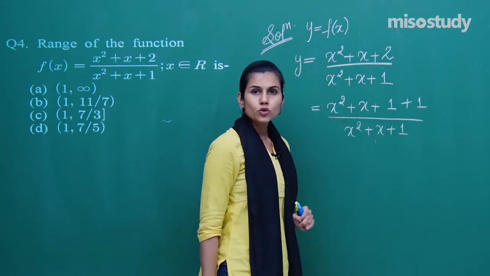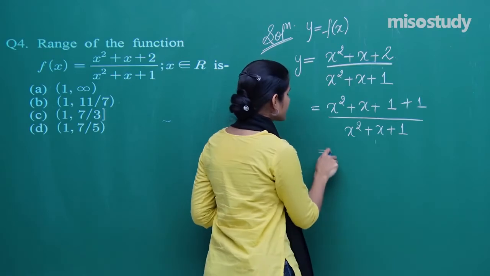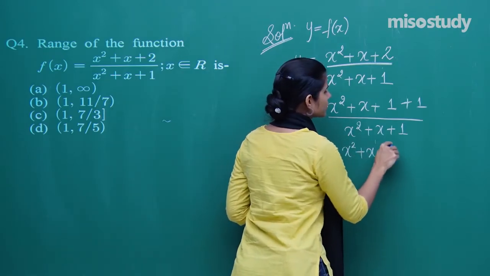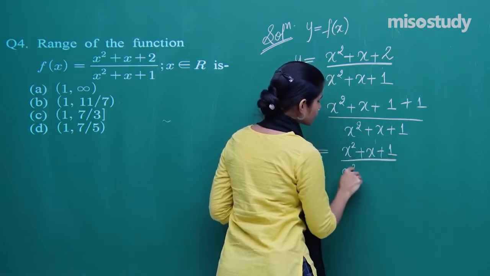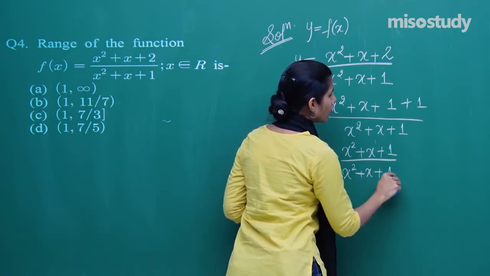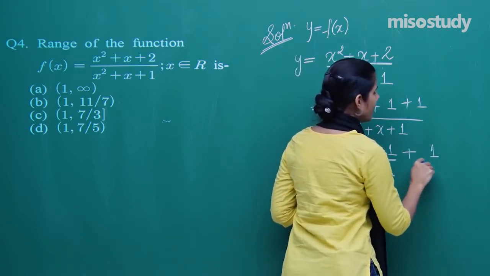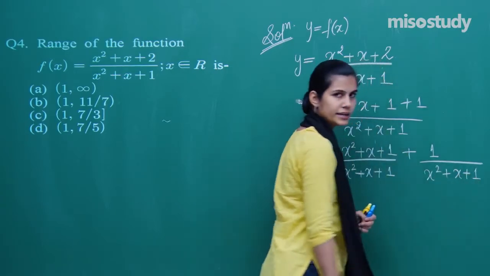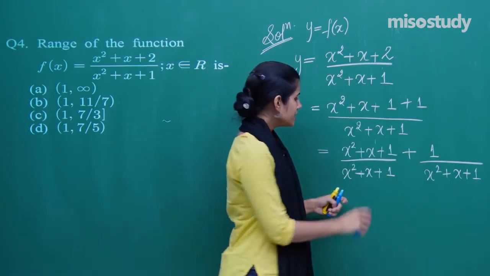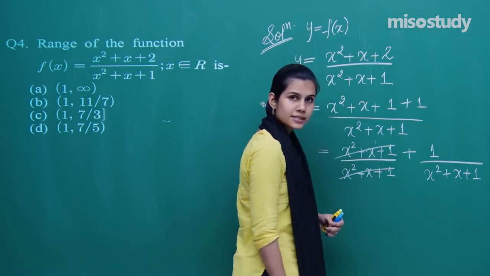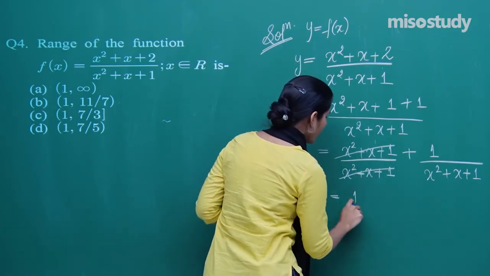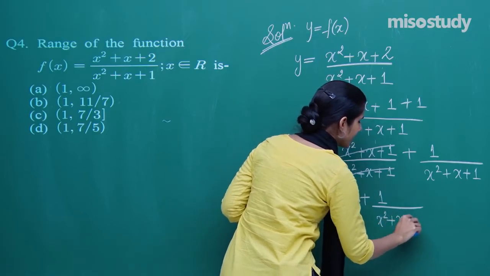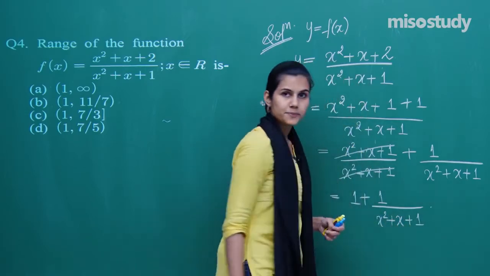I have just broken 2 as 1 plus 1. And this expression then can be written as (x square plus x plus 1) whole upon (x square plus x plus 1) plus 1 upon (x square plus x plus 1). And now this definitely gets cancelled and you get 1 plus 1 upon (x square plus x plus 1).